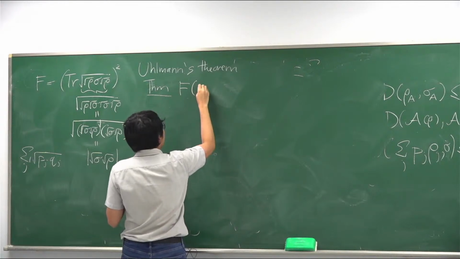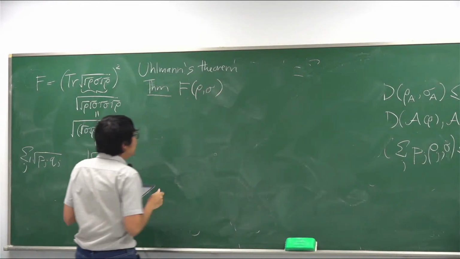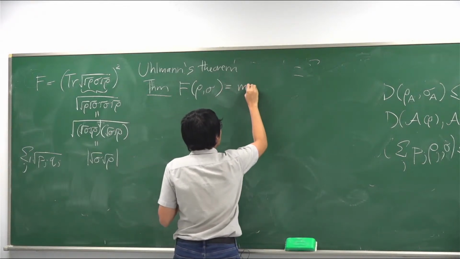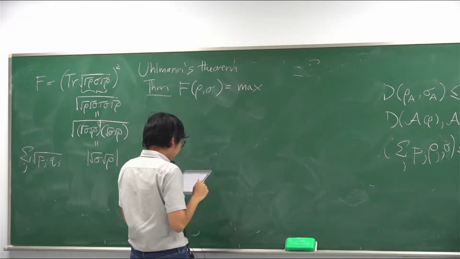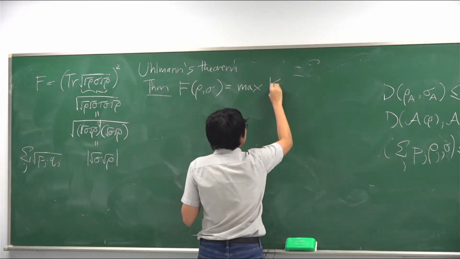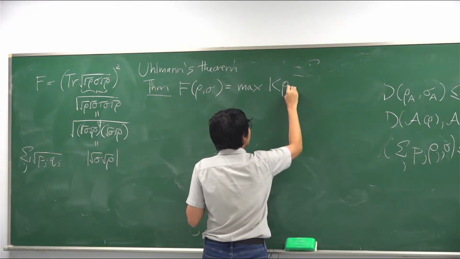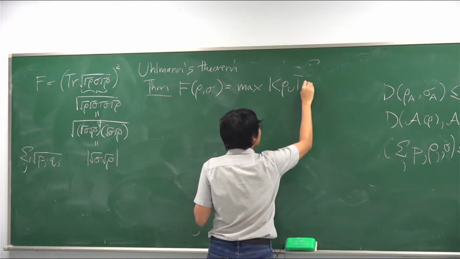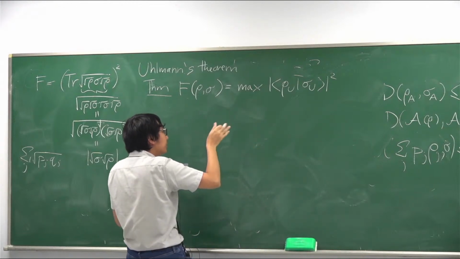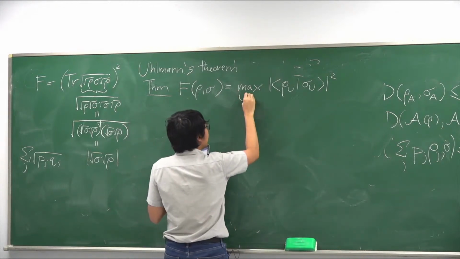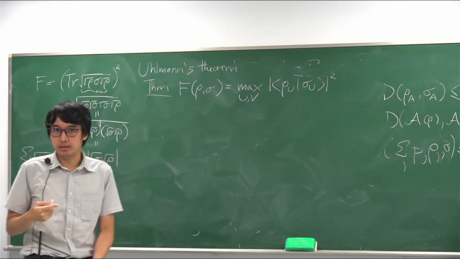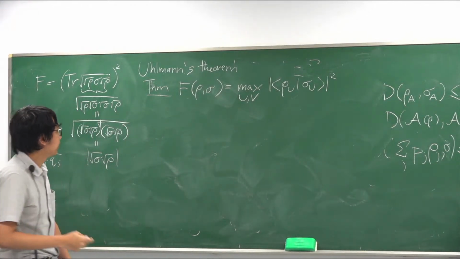That the fidelity between two density matrices, you get the same thing by taking a purification of the two density matrices, that I would write like this for now, and then maximizing over all the unitary freedom.